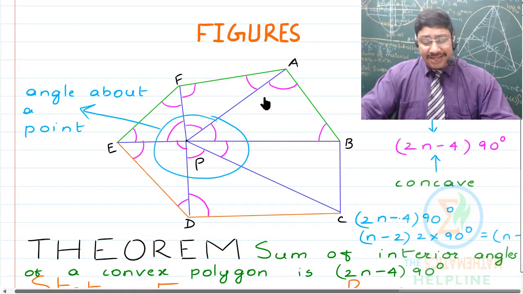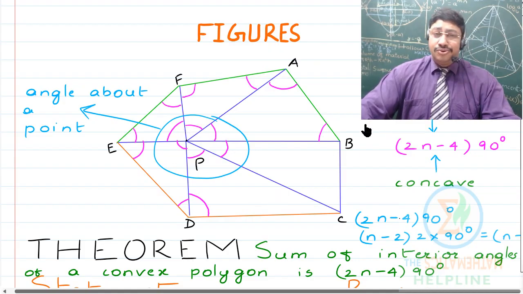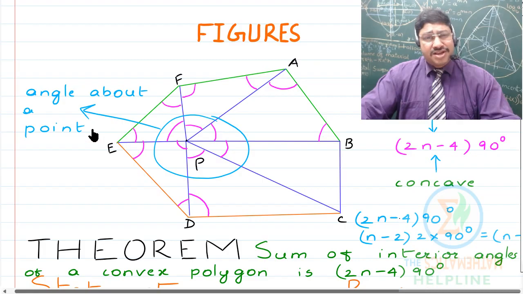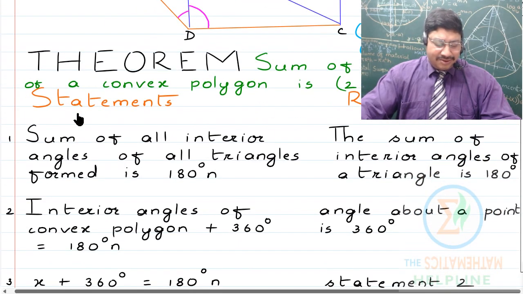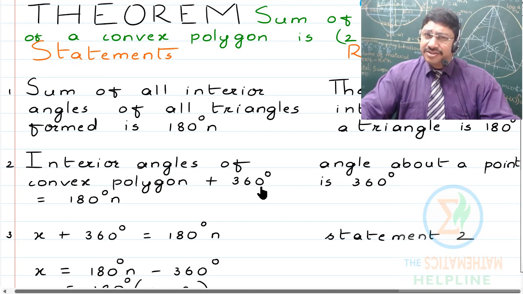Thus, you're actually adding all the interior angles of this convex polygon to the angles which are the sum of the angles about this point P, right? And as you know, the sum of angles about a point is 360 degrees. Thus, we are actually talking about the interior angles of a convex polygon to which 360 degrees is added. Now, how can we say that this is 360 degrees?